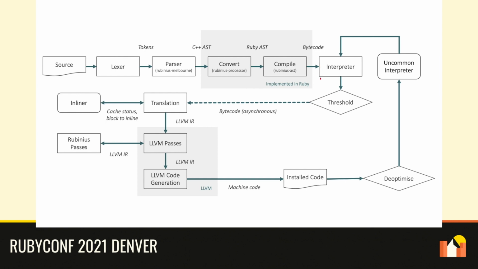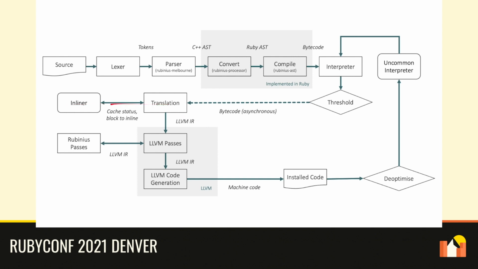This then runs in the Rubinius interpreter. When a method's been called a certain number of times, it reaches a compilation threshold, and this means that it's realized that the code is hot enough to bother compiling. And then it asynchronously starts the compilation process. So this is the actual just-in-time compilation process from here. It gets translated to LLVM IR, which is like a pseudo machine code.